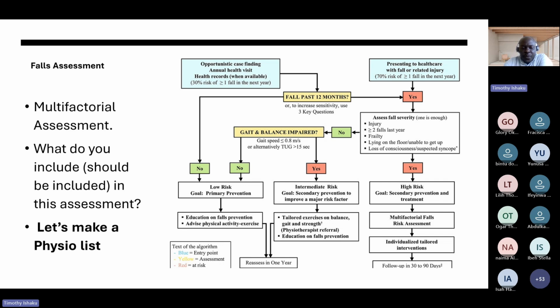Earlier on, when we were talking, I think Francisca mentioned that her patient told her about the fall. So one is that we can come across patients that present to our healthcare system, that have falls or falls related injury.